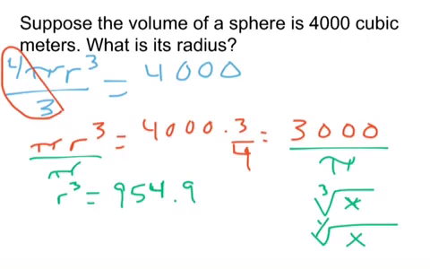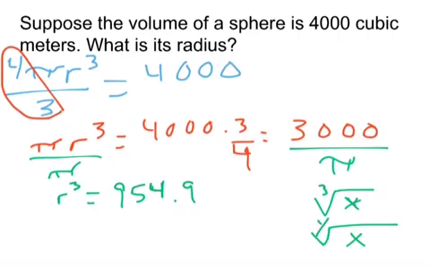Again, it might not be a button in itself, it might be a function. What I'm hoping you're realizing is that in order to figure out what r is, we need to take the cubic root of that 954.9. So that's just a calculator function.